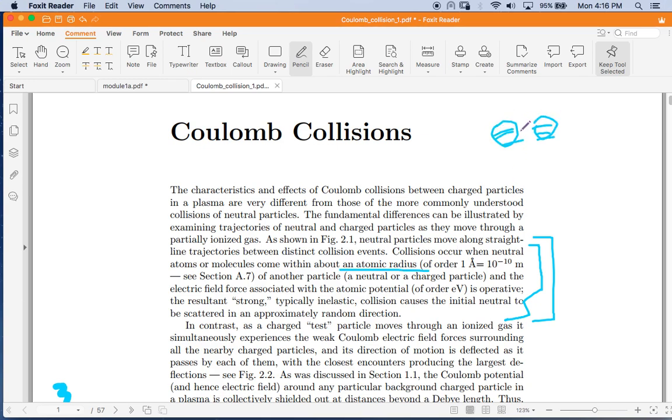And the resultant collision is typically inelastic, and it causes the initial neutral to be scattered in an approximately random direction.